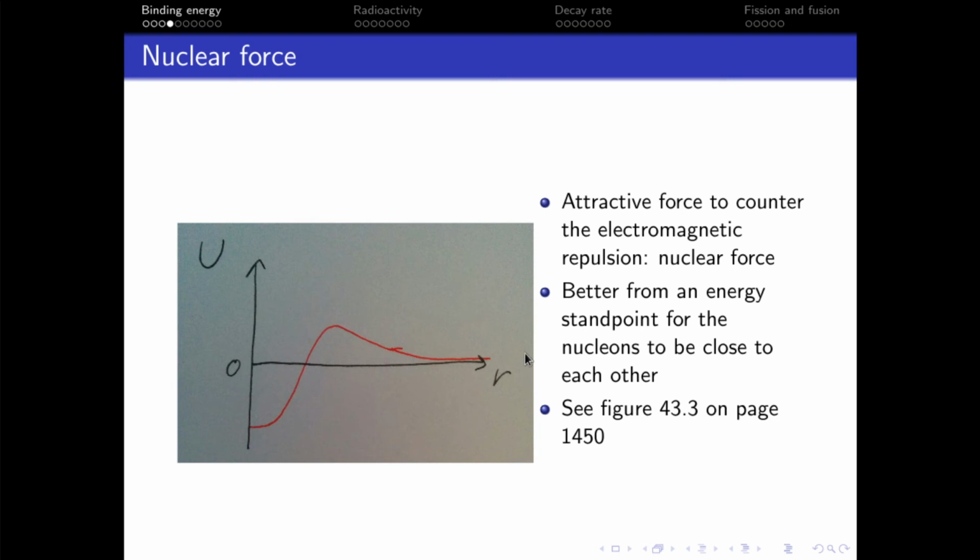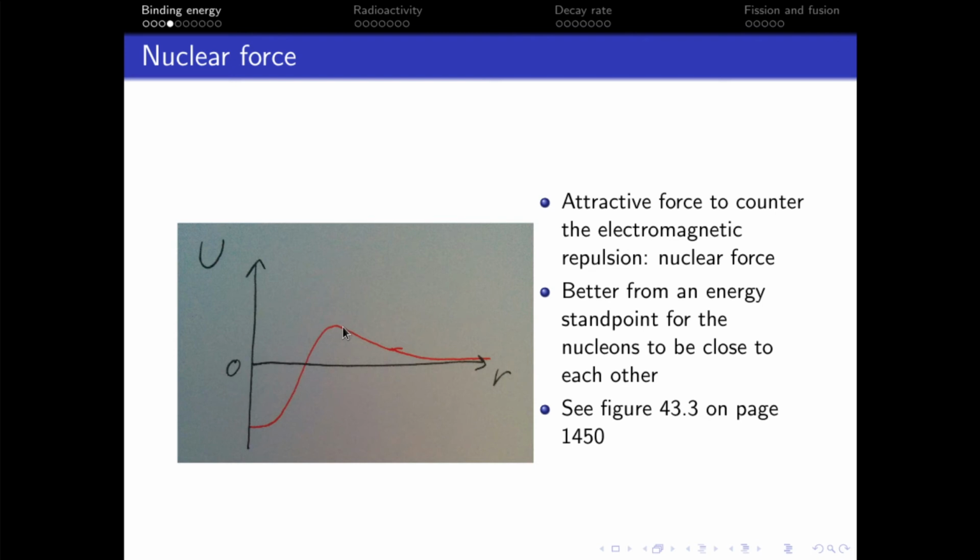So as you start with two nucleons pretty far apart, first, here I drew it for protons, it'd be hard to bring them together because of the repulsion, because they are both positive.